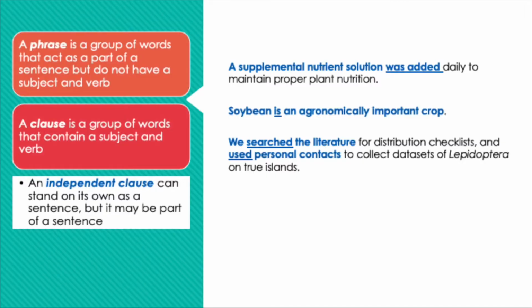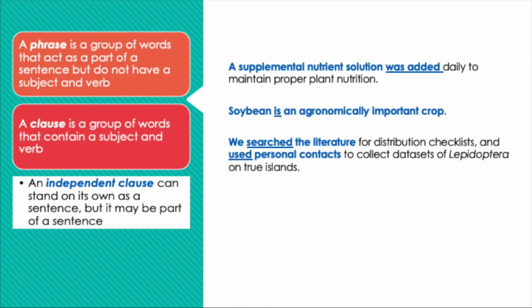So there's actually two independent clauses in this sentence. The first one is we searched the literature. That could be a complete sentence, but there's more information in the sentence. There's also a second independent clause there, sharing the subject with the first independent clause, we. We used personal contacts. That could be a complete sentence also.